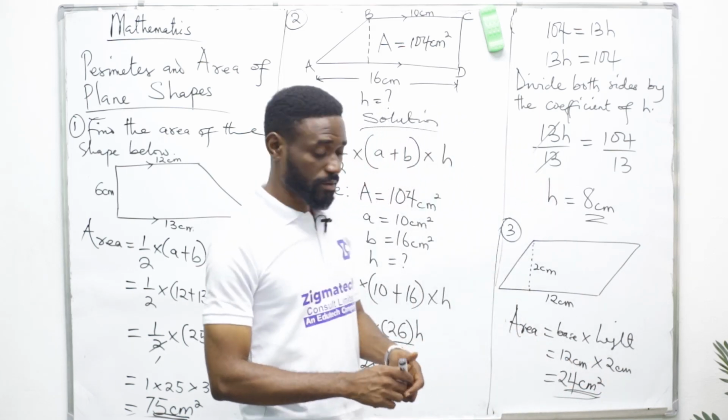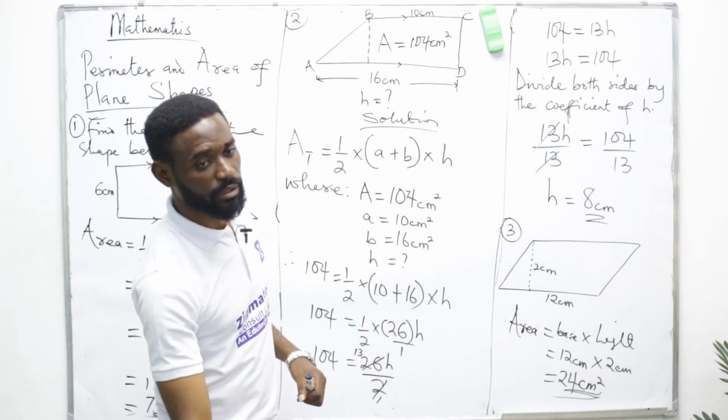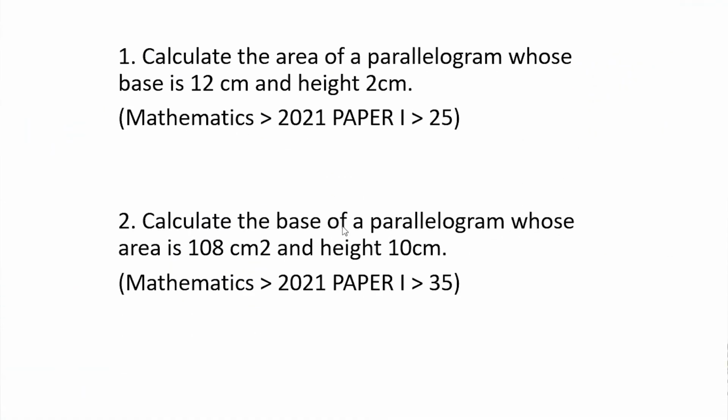All right. So the second question there is calculate the base of a parallelogram whose area is 108 cm squared and height 10 cm. So you will need to take that as an assignment. Just solve it. Probably you give me the answer in the comment section.